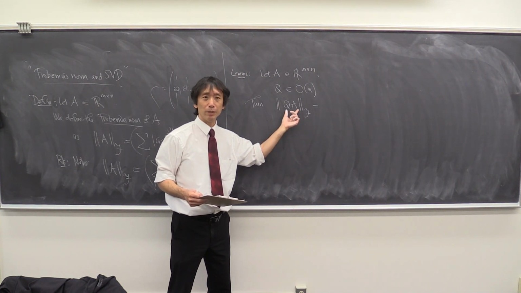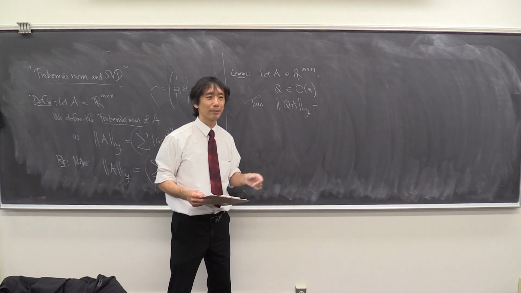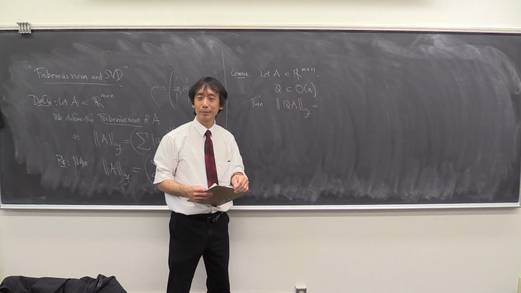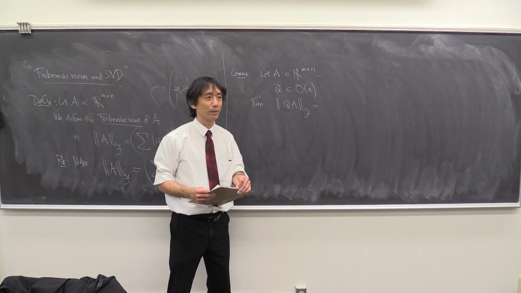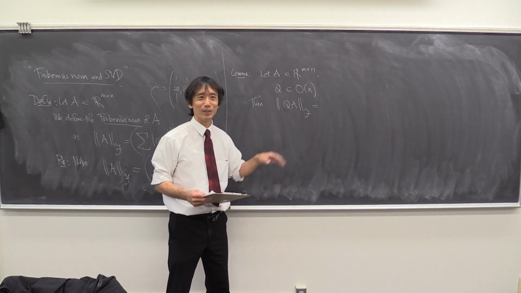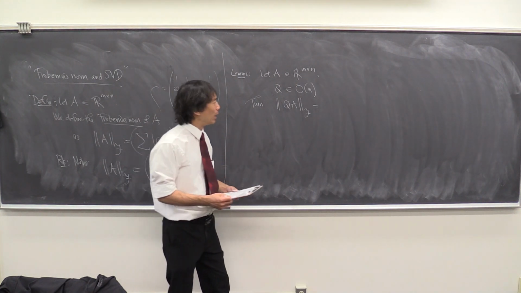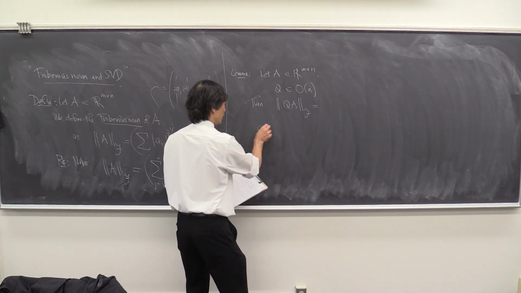What do you think happens to the Frobenius norm? Can anyone guess? Izzy? I'll take a wild guess and say nothing. Nothing. That is the answer. Nothing happens. Why?